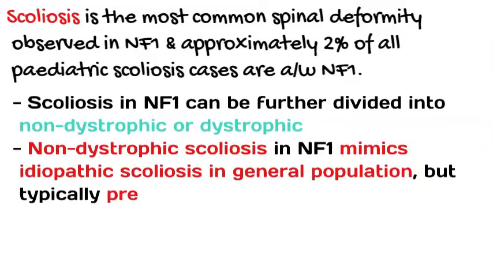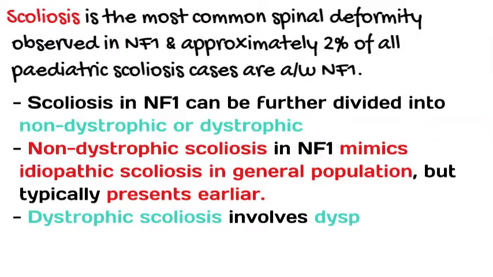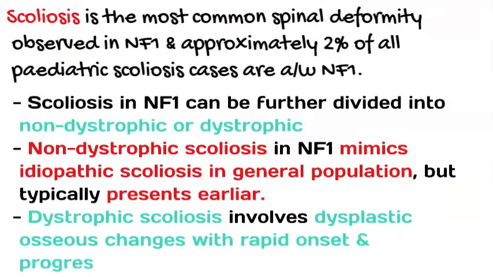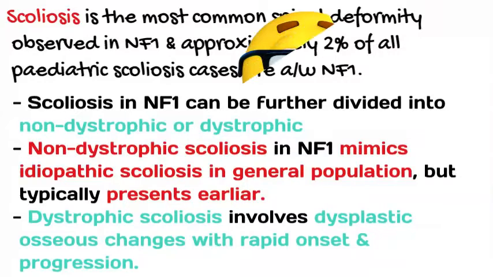Non-dystrophic scoliosis in NF1 mimics idiopathic scoliosis in the general population, but typically presents earlier. Dystrophic scoliosis involves dysplastic osseous changes with rapid onset and progression.